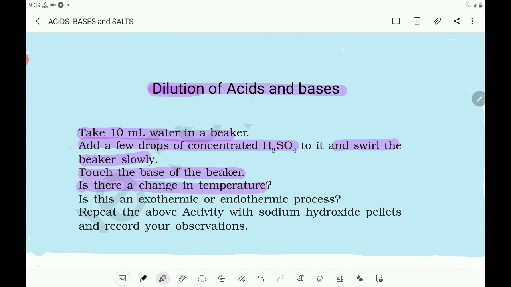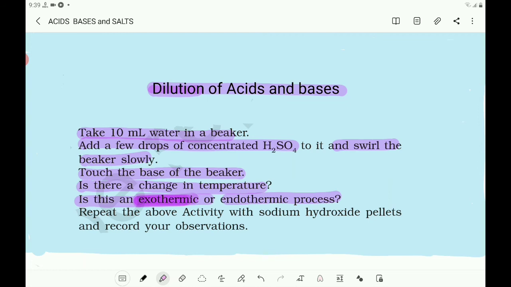Here there is a question, is this an exothermic or endothermic? Here the temperature rises, so heat is liberated. The chemical reaction in which heat is liberated is called exothermic reaction. Dissolution of acid in water is an exothermic process.